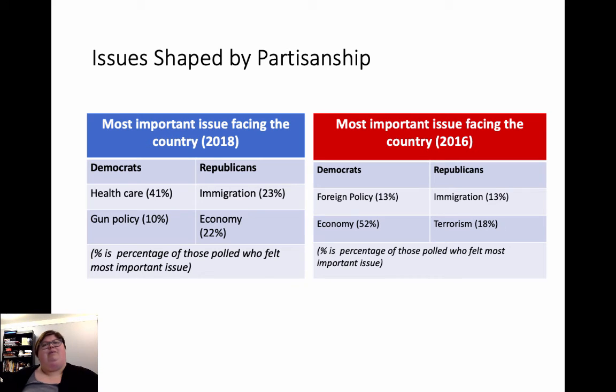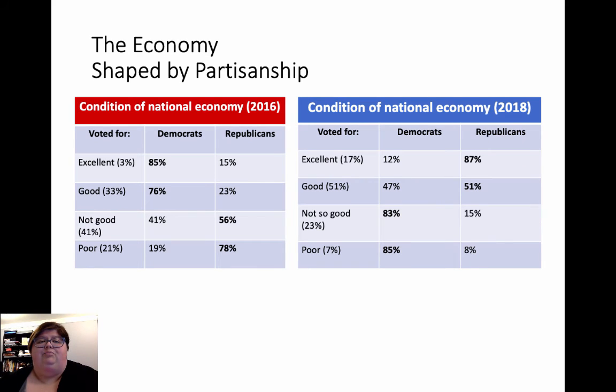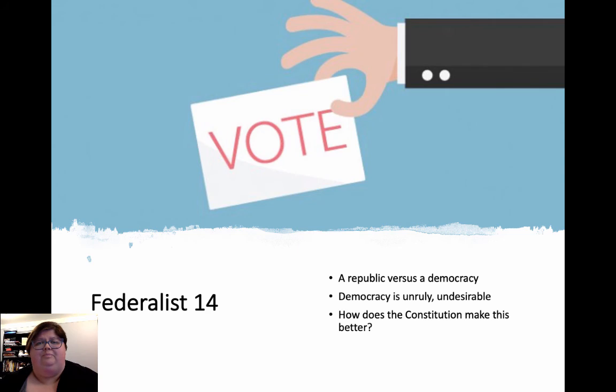The bigger changes actually happened before that, which means that depending on what party you align with, you may think of the economy as more of an important issue, depending on what year it is and who is in the presidency. So you can look at this in a little more depth here based on excellent, good, not good, poor. It's a scale. Compare 2016 and then how it flips almost identically in 2018 based on partisanship alone.